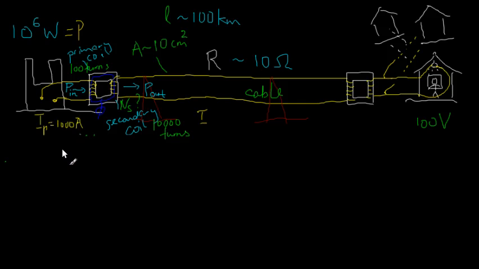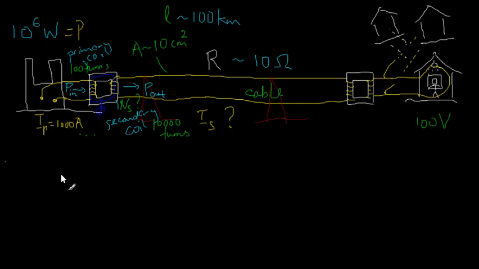So I know the input current, I know the number of turns, and I want to find the output current, the current that would go into this long cable.